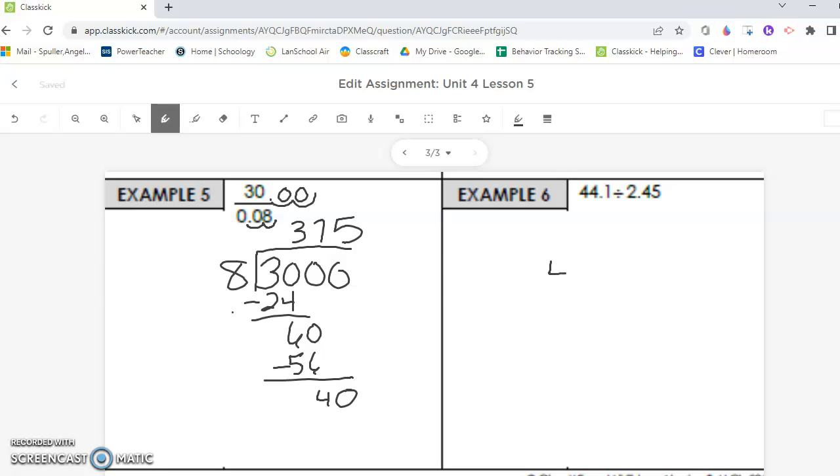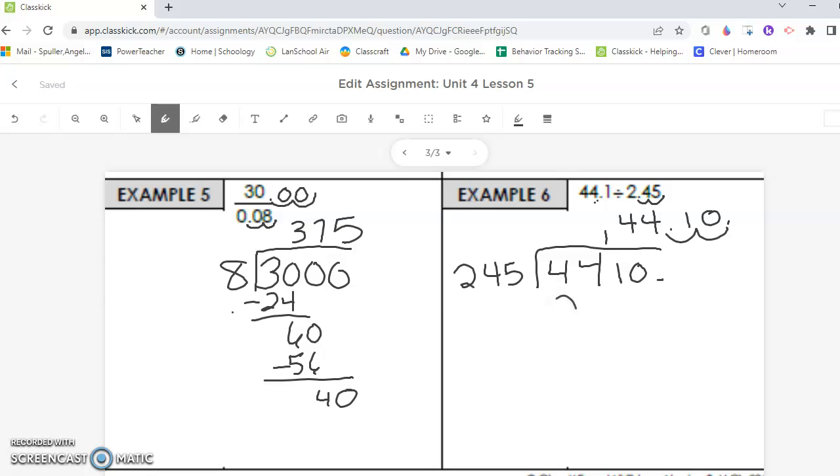All right, 44.1 divided by 2.45. So I'm going to do it up here, 4 4 1, 1 2. So I have to put a decimal, so it's going to be 441 divided by 245. I know it can go in there once, 245.